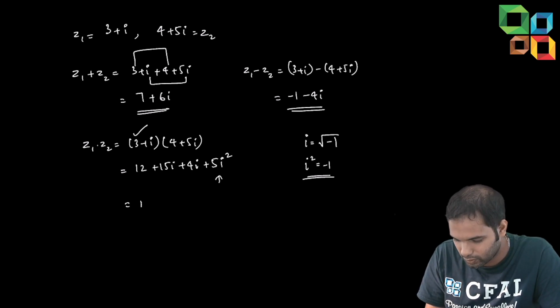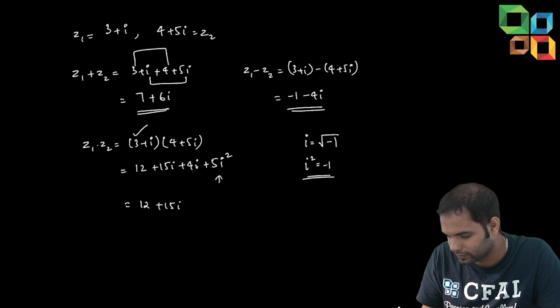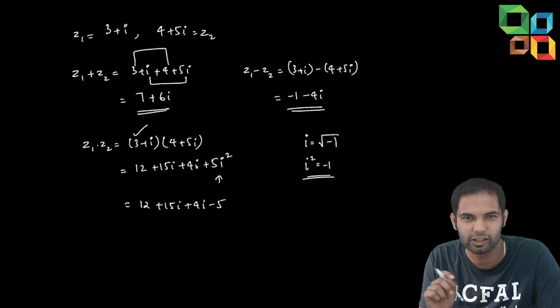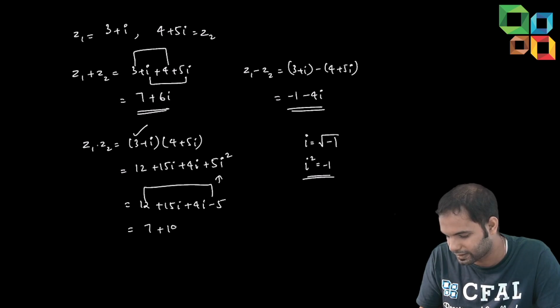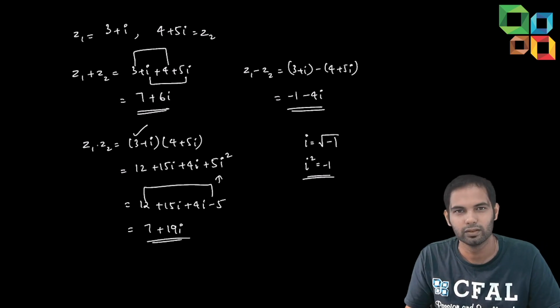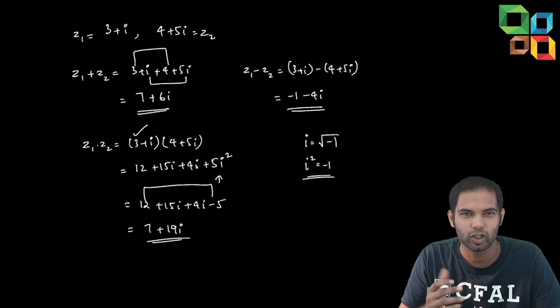I'm going to get 12 plus 15i plus 4i minus 5, because i square is minus 1. Now combine the real part: real part is nothing but 7. Imaginary part is 19. So we were able to multiply these two complex numbers.